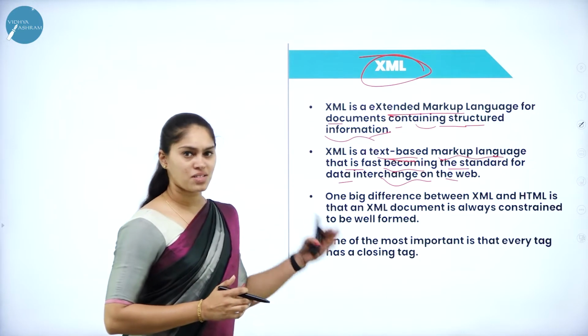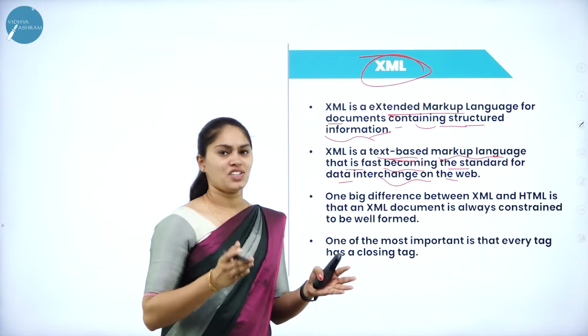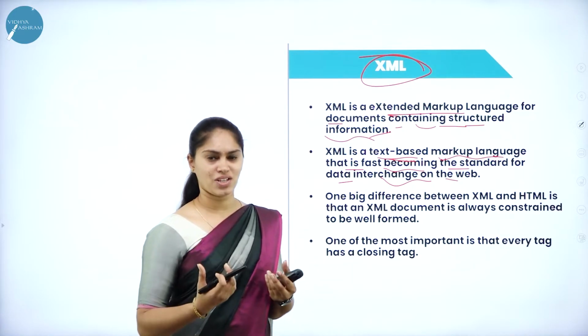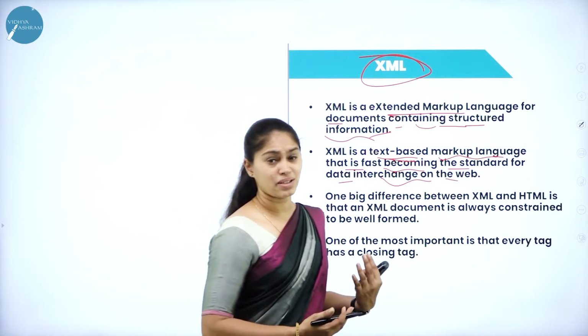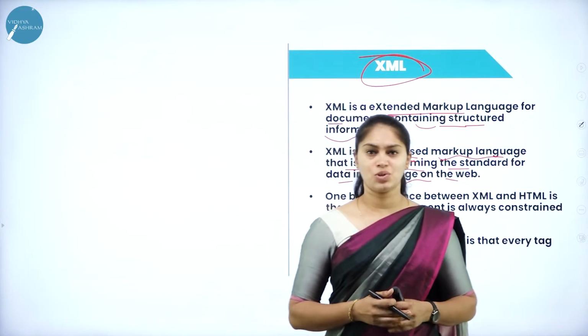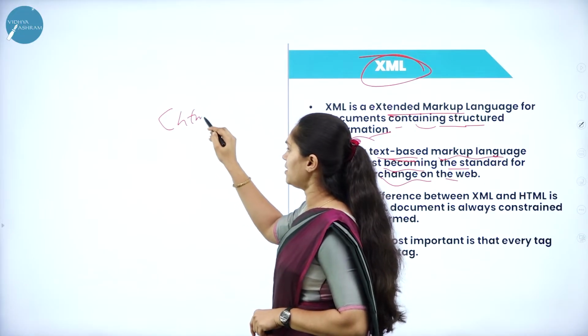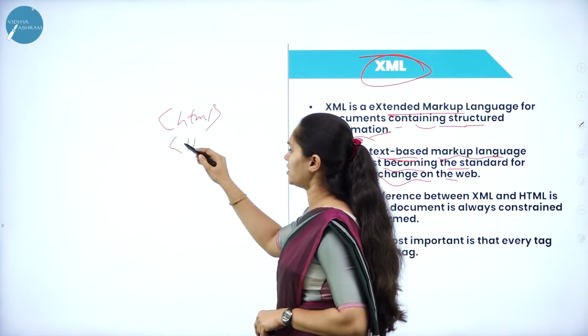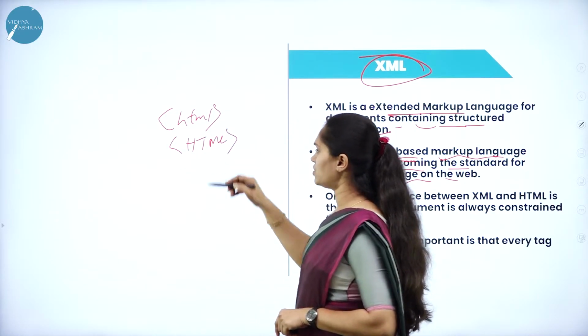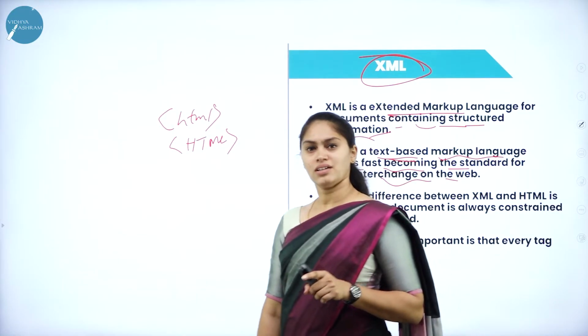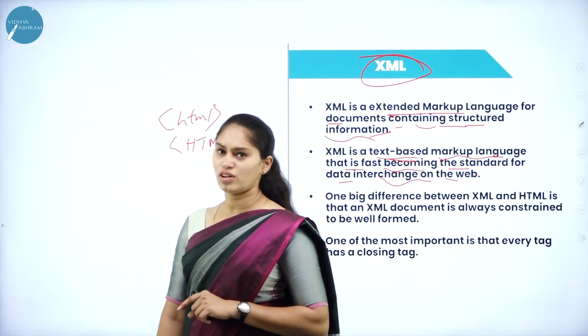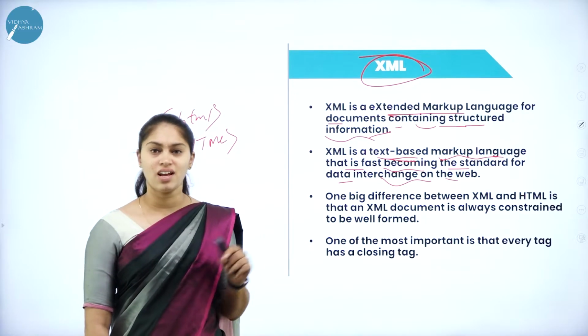And we have some differences between XML and HTML. As I told, HTML is more flexible and not so case sensitive. For example, I can write HTML either in capital letters or in small letters, and that doesn't make any difference to the compiler. But when it comes to XML, we have to follow a set of rules and regulations.